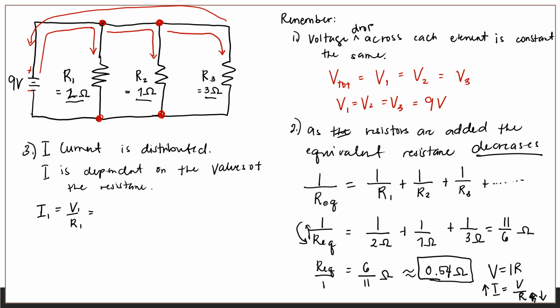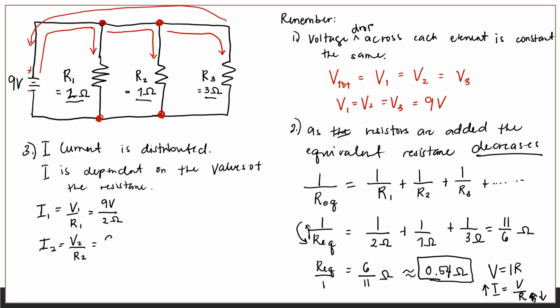Now take note that the voltage is constant across a parallel circuit, so we will input the same value, the value of the battery source. So 9 volts divided by the first resistor, 2 ohms. If we want to compute for the next, I sub 2, we do the same. V sub 2 over R sub 2.